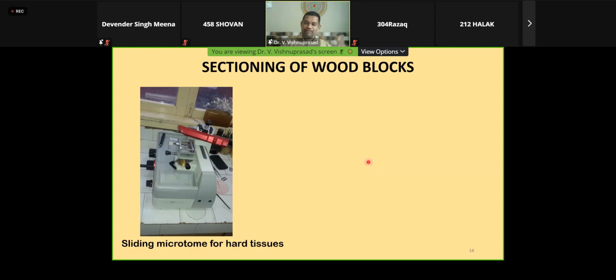Again, take the section. You can take as many as you want. The section will remain on the knife. You need to pick it up with a brush, put it in your petri dish, and then make the permanent slides for those sections. So let us take a look at the small video clip.